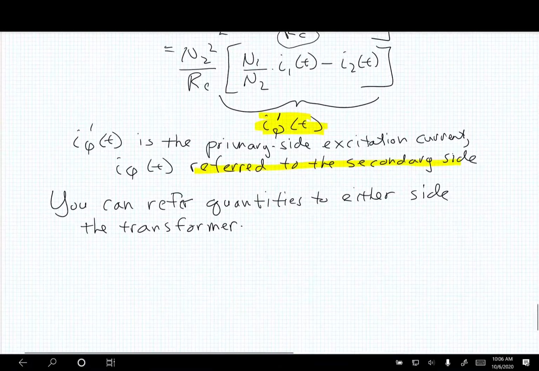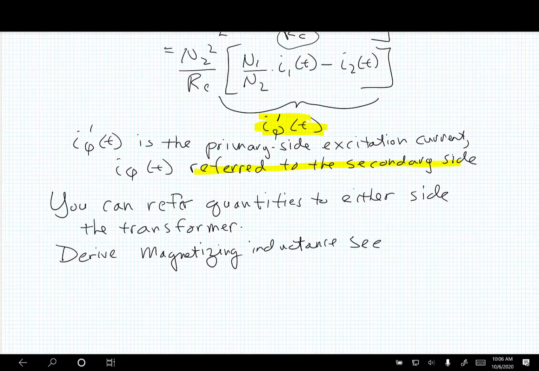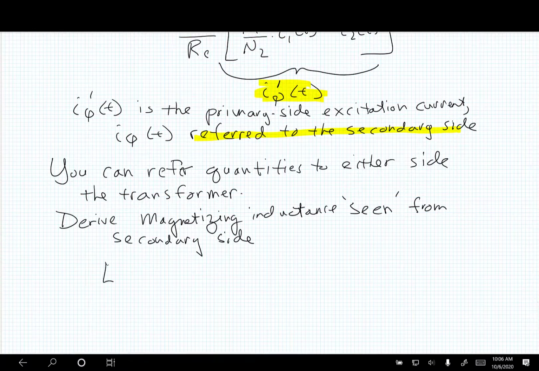We're going to be able to derive a magnetizing inductance seen from the secondary side, and that is going to end up being an Lm2, and it ends up becoming N2 squared over the core reluctance.